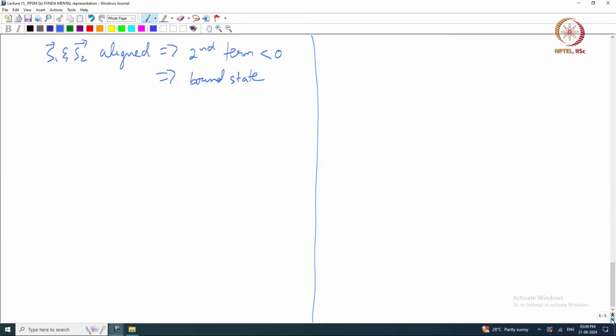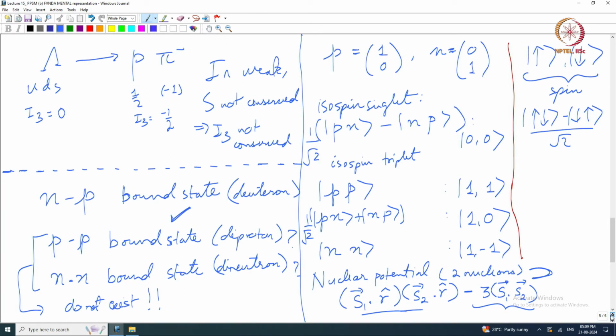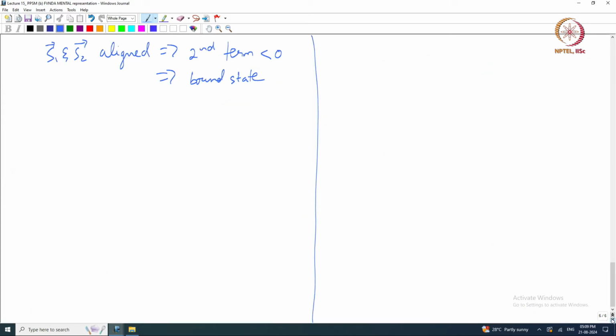So, let us see which of these combinations would give us aligned spin states and anti-aligned spin states. Okay. We worked out the isospin. What about the spin? That is important to consider. Why?